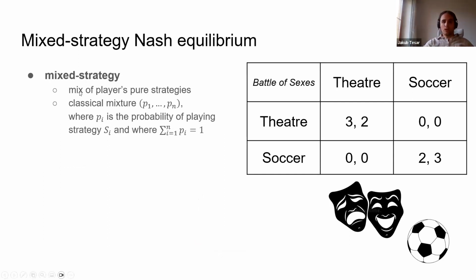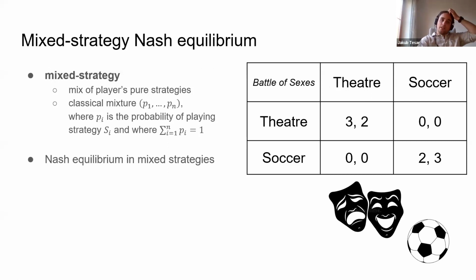What we would require is that this classical mixture, which is defined by these probabilities P1, P2, etc. up to Pn, which are the probabilities of playing individual strategies, will sum to 1, which just means that the player has to play exactly one of the strategies with probability 1.